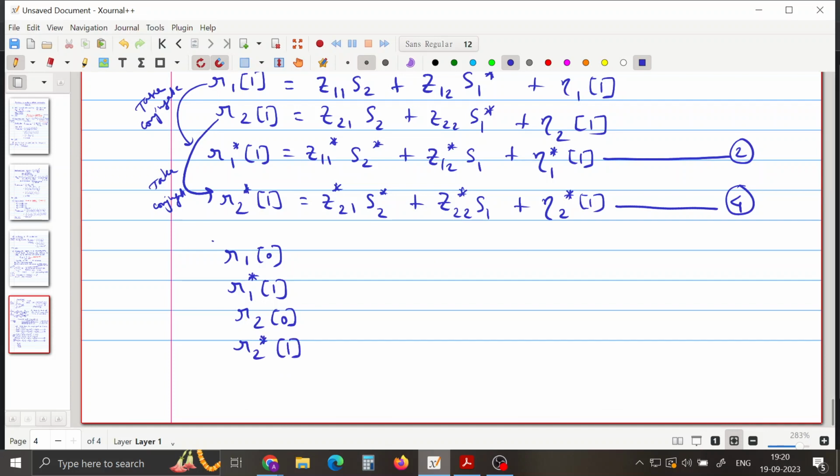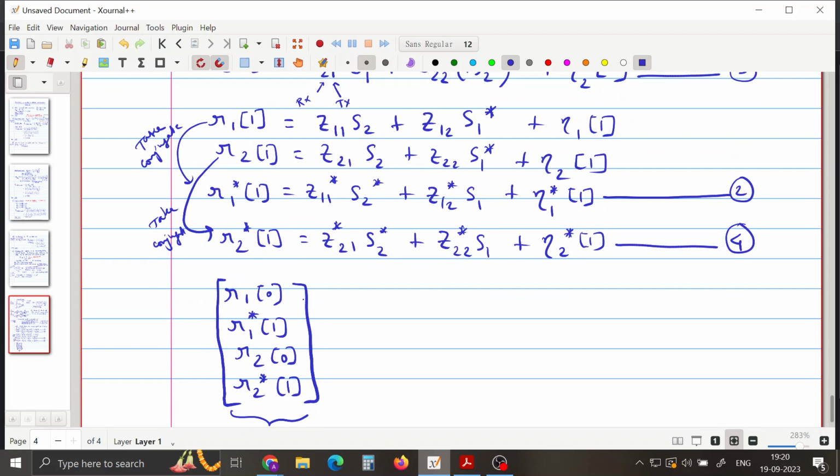I'll form a vector like this and denote it by R. We did the same thing for the Alamouti scheme.